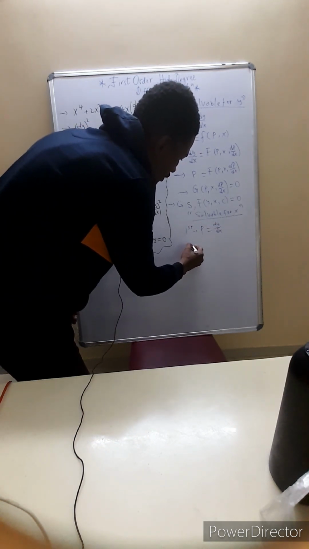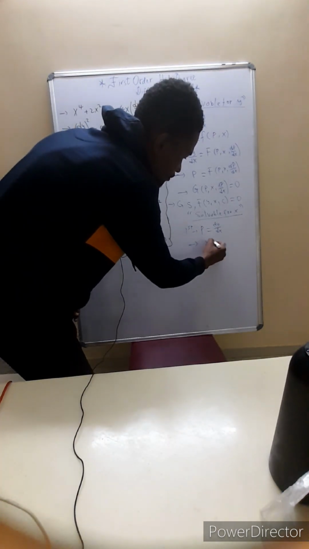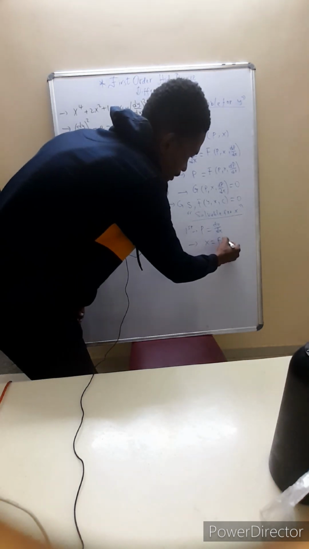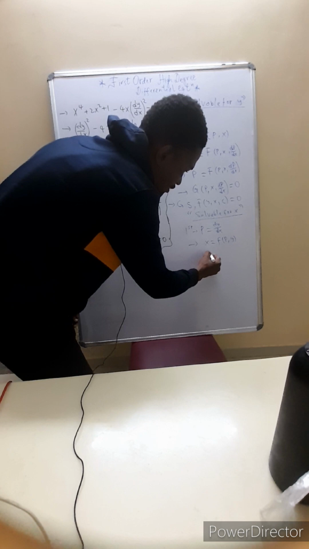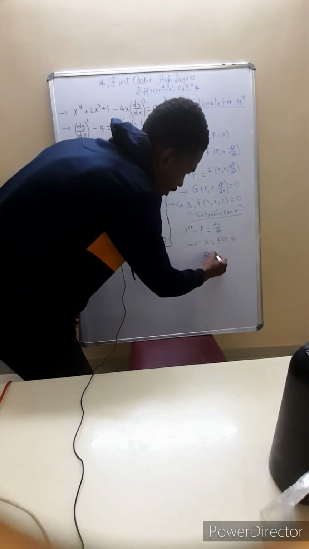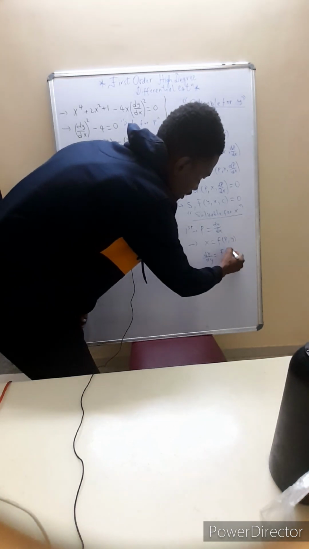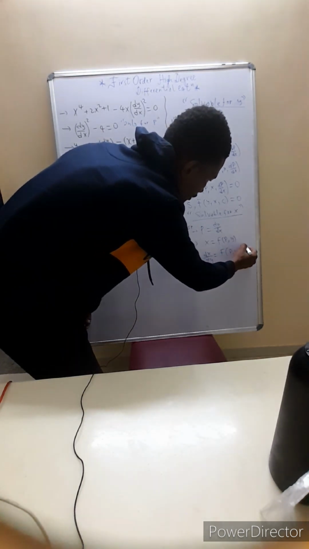Then the next step is to separate x as a function of p and y. Then find the derivative of x, dx with respect to y. It will be f of p, y, then dp by dy.